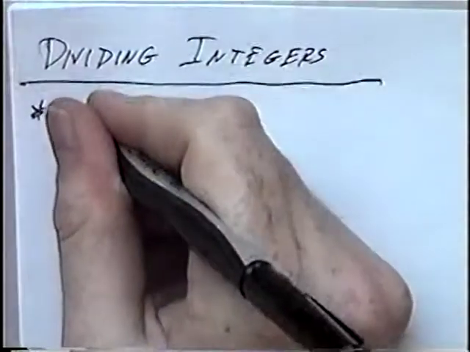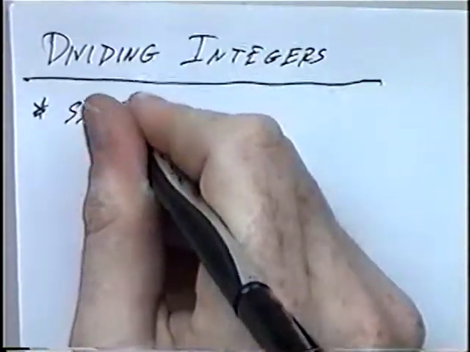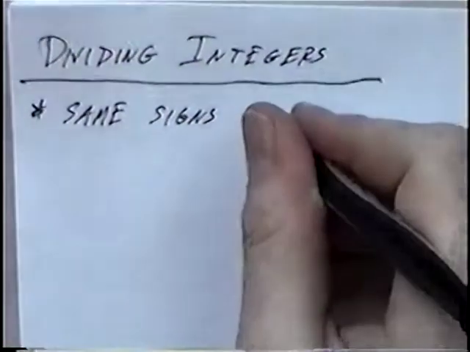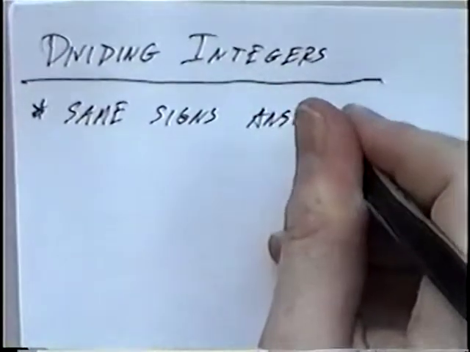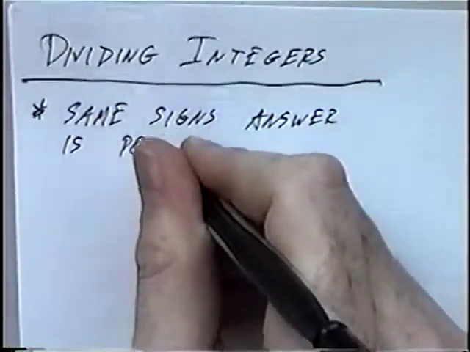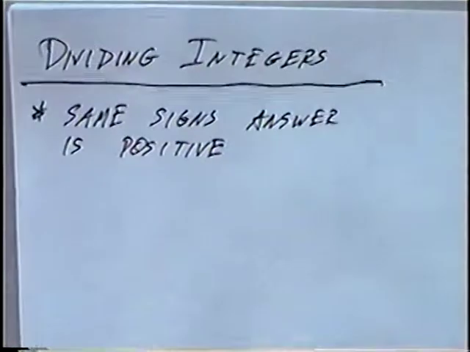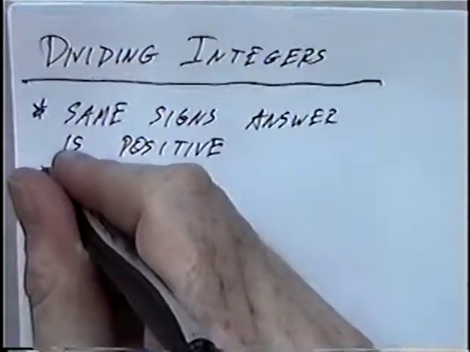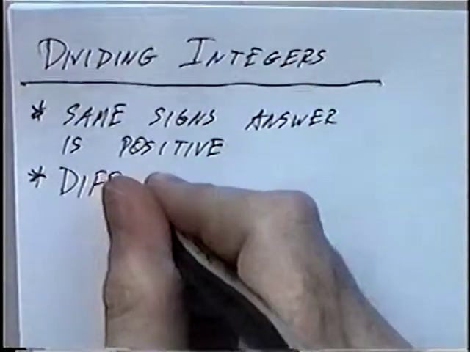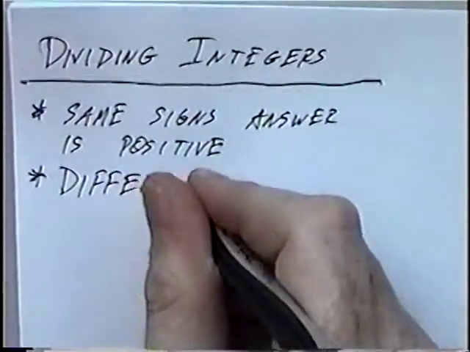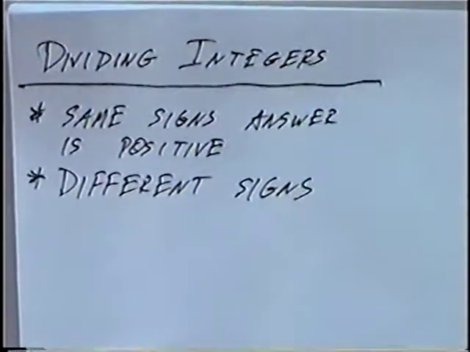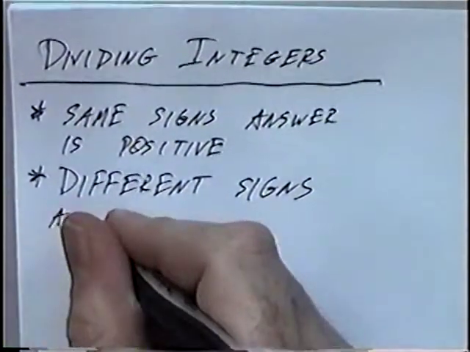First definition, same signs, answer is positive. And the second definition, different signs, answer is negative.